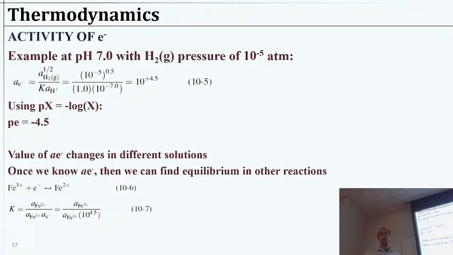If we find the activity of the electron in a given solution, which is again why pH matters, then we can plug that in and account for it in other systems. So that's quite handy.